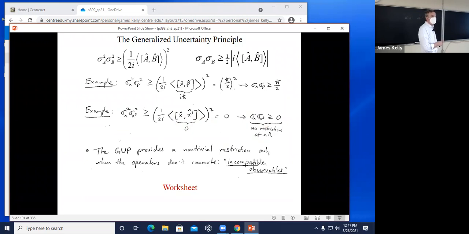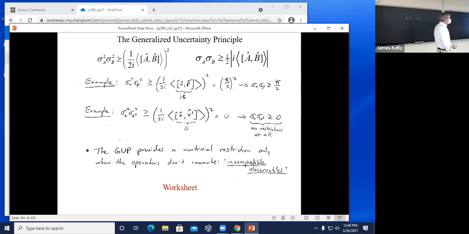So we don't really get any information in that case, even though it seems like something good is happening when they commute. Just because it's greater than or equal to 0 doesn't mean it's equal to 0. It could be any number. The left-hand side has to be non-negative, and all it's saying on the right-hand side is that it's non-negative.